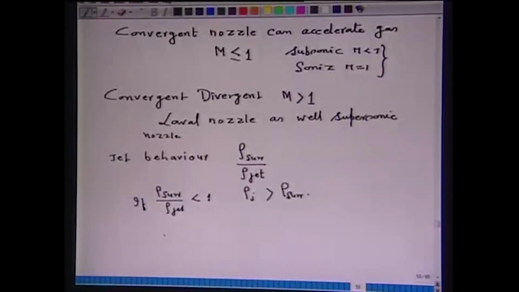In this case, the length of the potential core, the length of the supersonic core, will be longer as compared to when the ratio is equal to 1. If the ratio rho surrounding upon rho jet is greater than 1, that means the jet is lighter than the surrounding, and the jet spreads faster as compared to when the ratio is equal to 1. The faster spreading of the jet will decrease the length of the supersonic core as well as the length of the potential core.